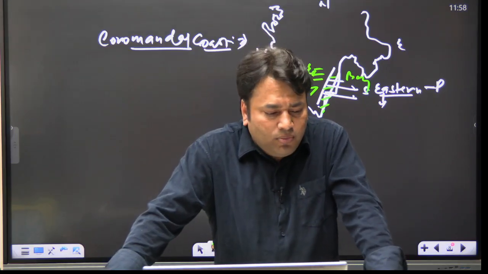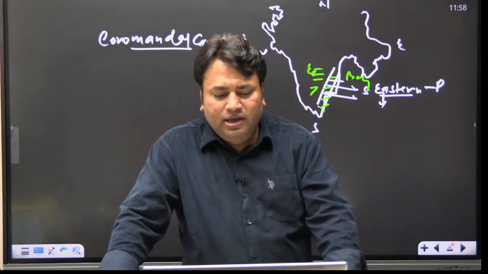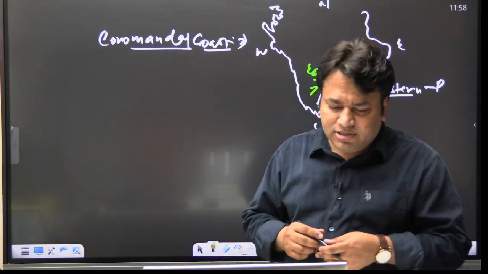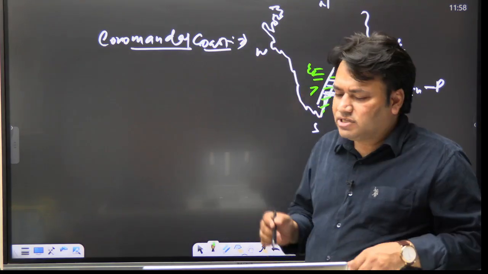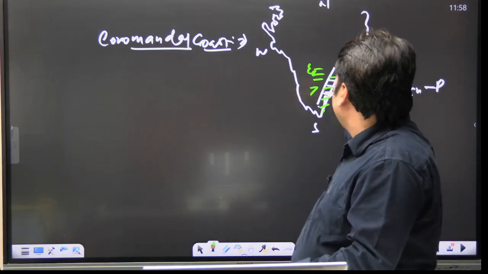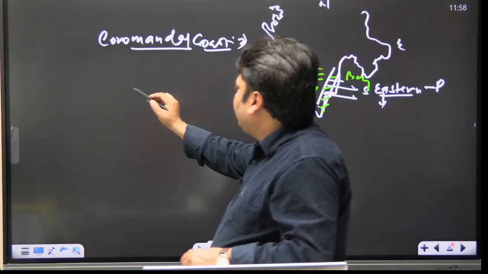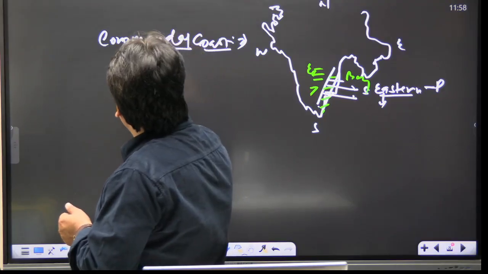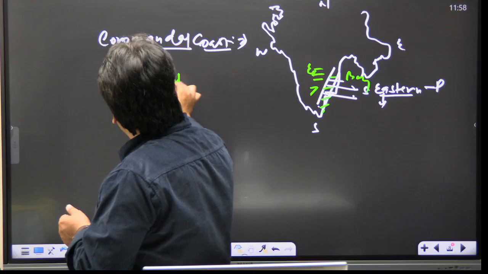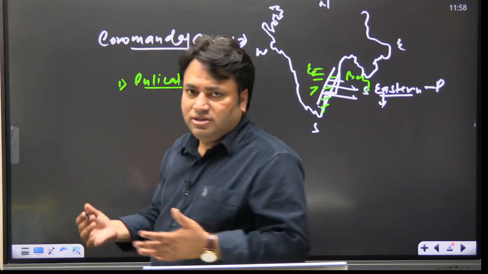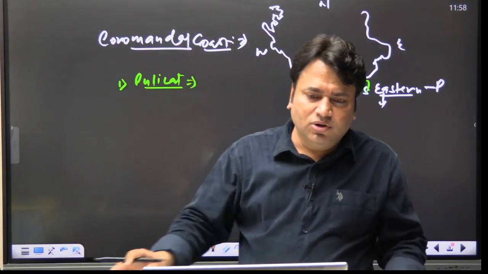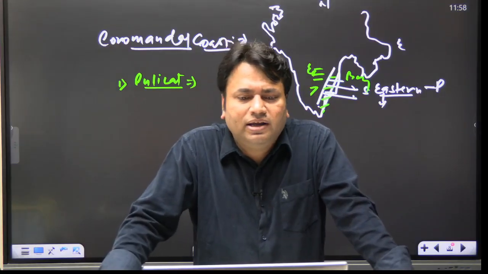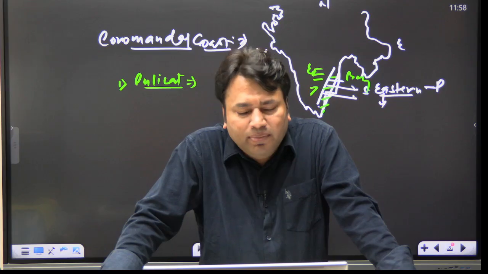On the Coromandel coast there are many important Dutch settlements, and I am going to discuss which they are. So I am writing them here one by one. For example, an important Dutch settlement here is Pulicat. This can be important for prelims also, so for prelims purposes you can remember these facts.